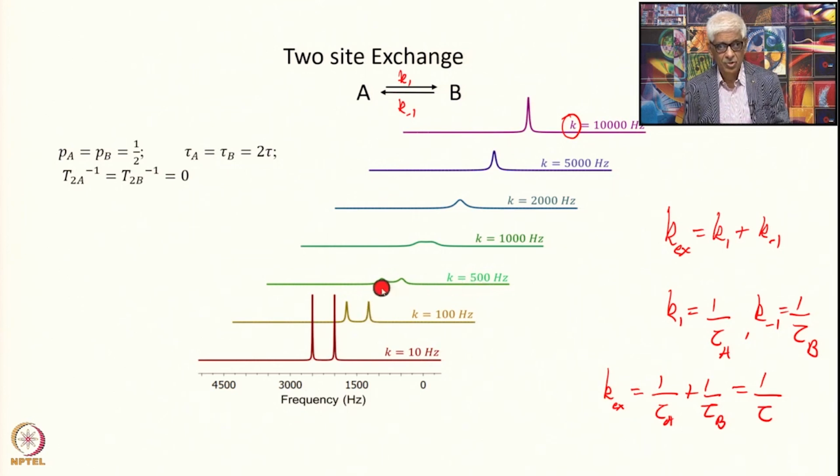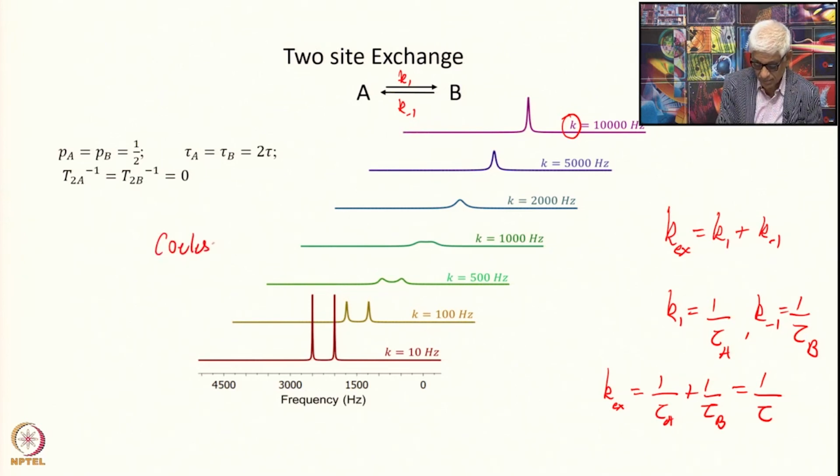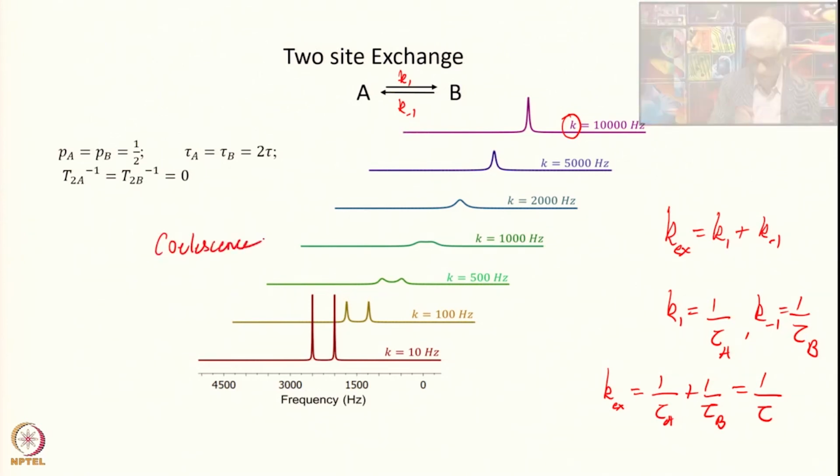Increase it further, then you reach a state when you are not able to distinguish between these two, and you start getting a very broad line. This is known as coalescence. The two lines tend to merge.